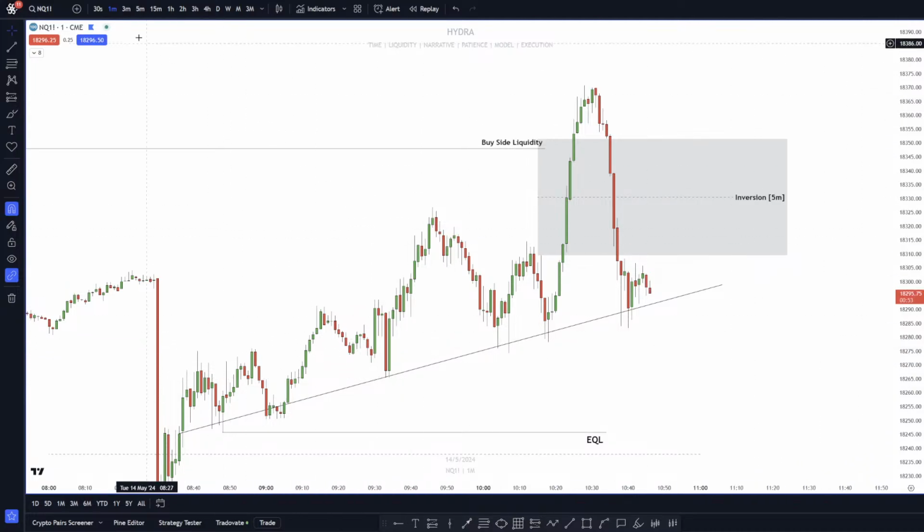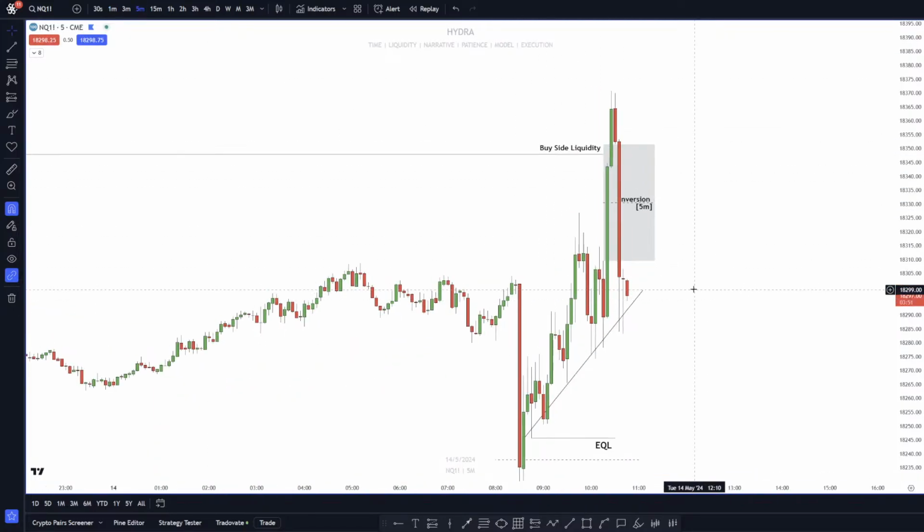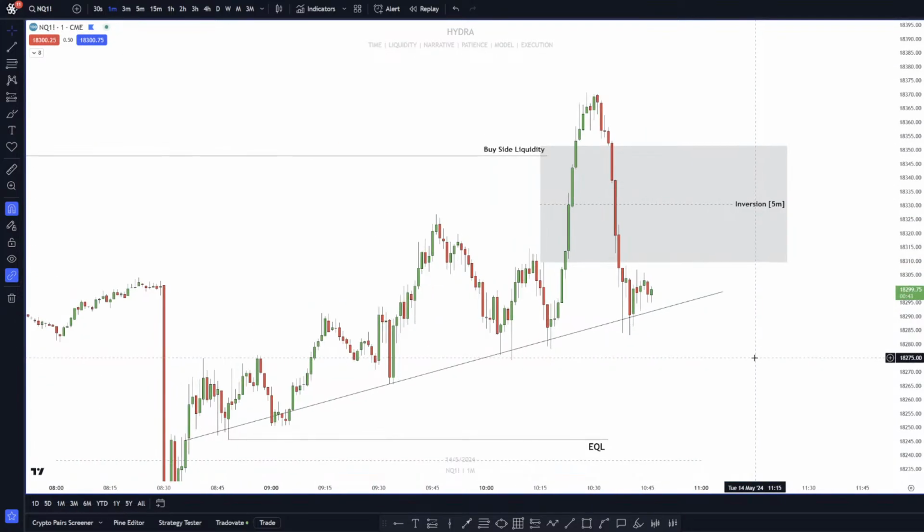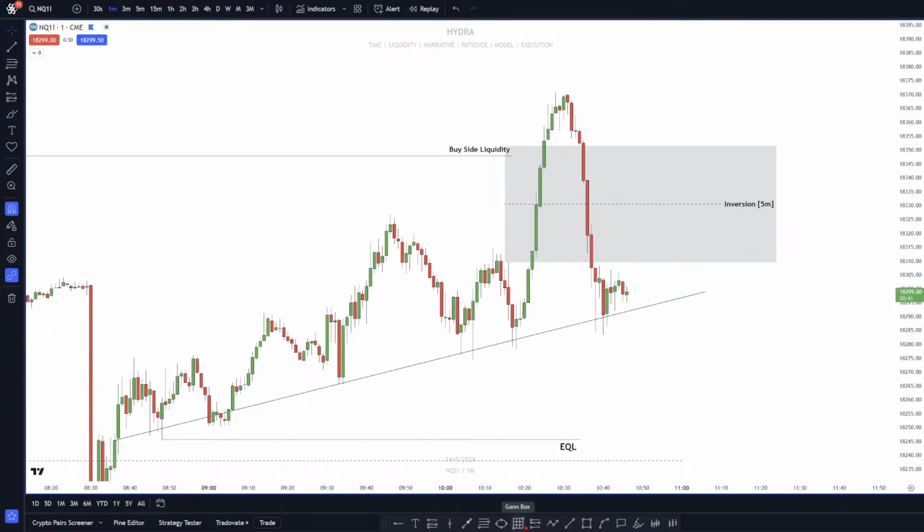A retest of this inversion will be very nice. Look at the newly generated 5-minute candle. Very nice BPR, right? So this is what I'm expecting.